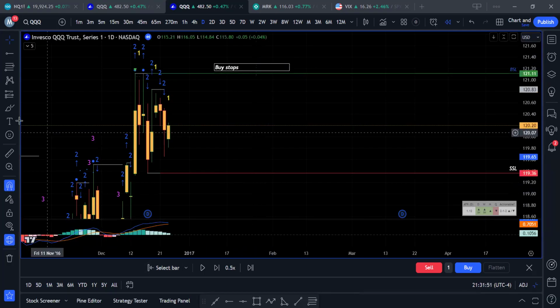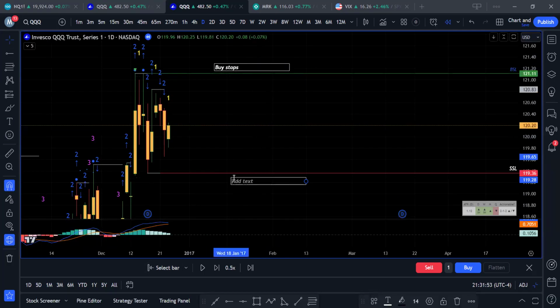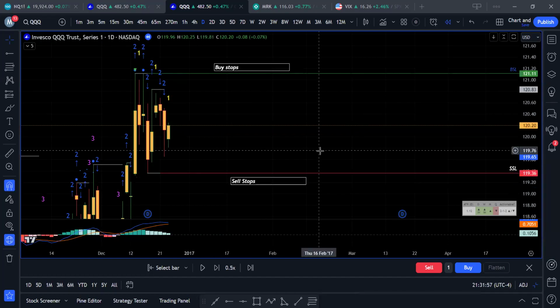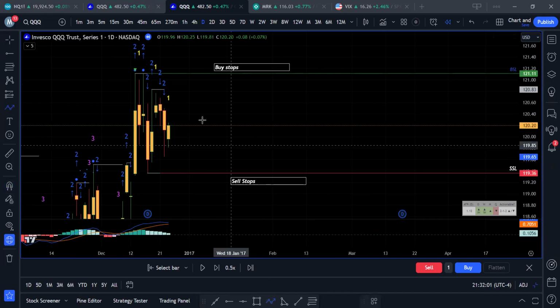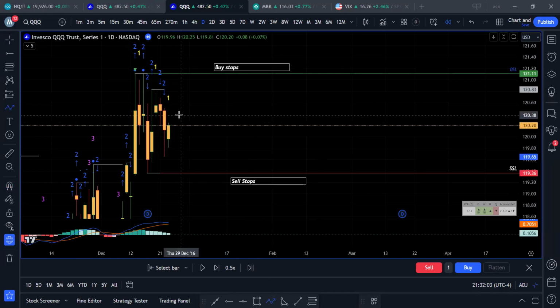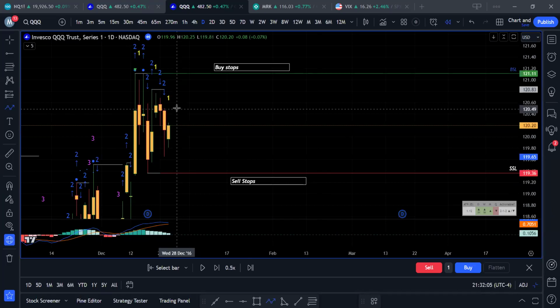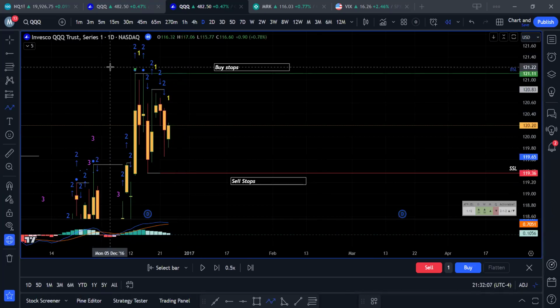View there. And then below sell side liquidity, we have sell stops. All right, so essentially what you're looking at is if we end up with a liquidity sweep, let me explain it this way.